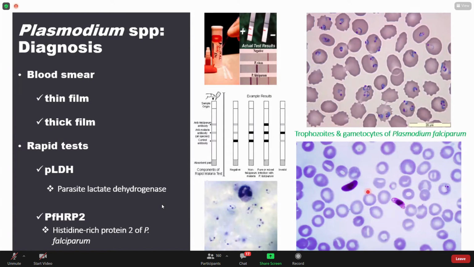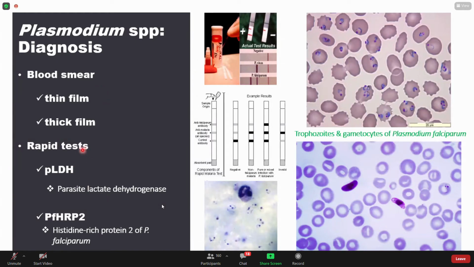Here, you have the gametocytes of P. falciparum because it's the only species that gives the crescent-shaped gametocyte. Other species give roundish gametocytes. So when we see this banana-shaped or crescent moon-shaped gametocyte, it is highly diagnostic of P. falciparum infection. So that's as far as blood smears go.